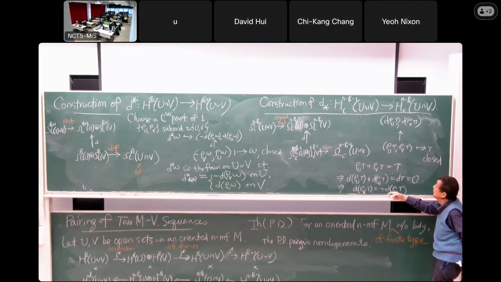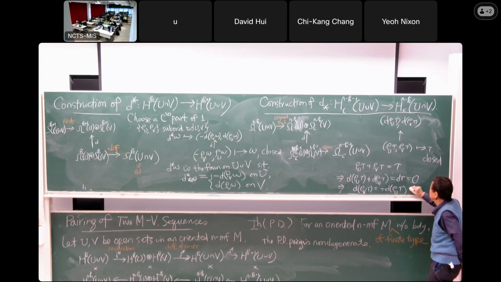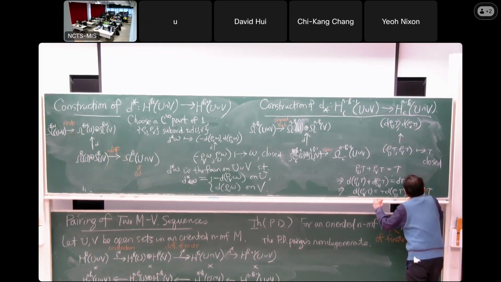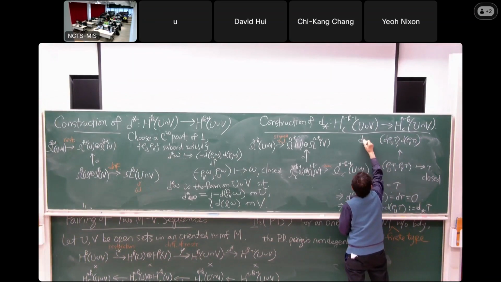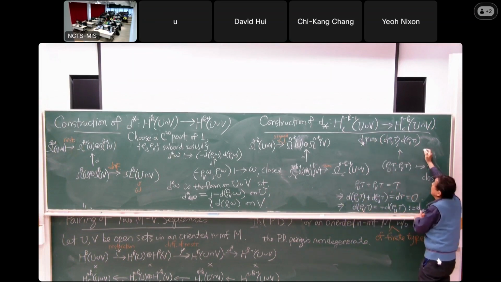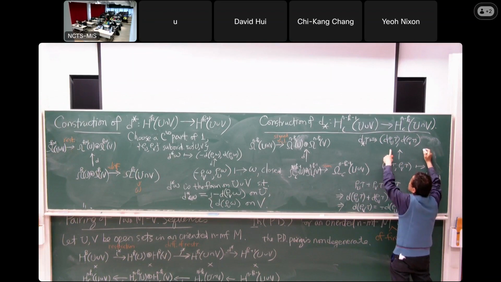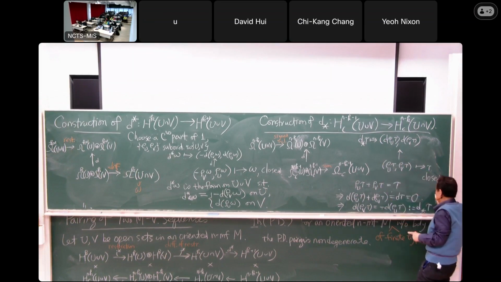And so that's what you define to be your d lower star of tau. You know, this map is the sign inclusion. So it's actually defined everywhere, but you just restrict it to the intersection.